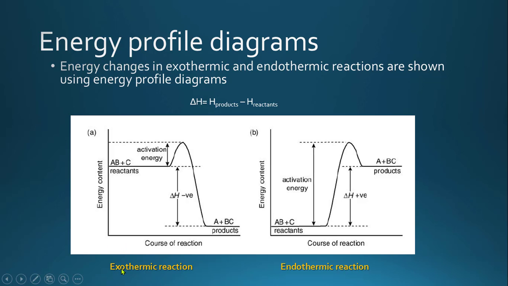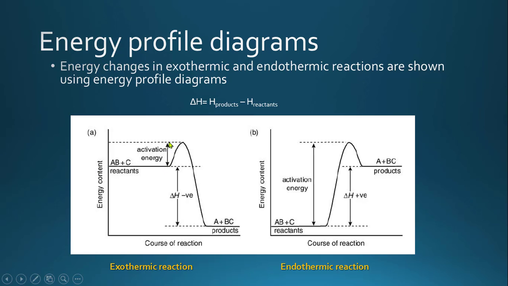So for an exothermic reaction, as the reaction progresses, this axis can also be labeled as progress of reaction or time, right? So as this reaction progresses, you see the change in enthalpy. For exothermic reactions, it starts off with this value of enthalpy, right?